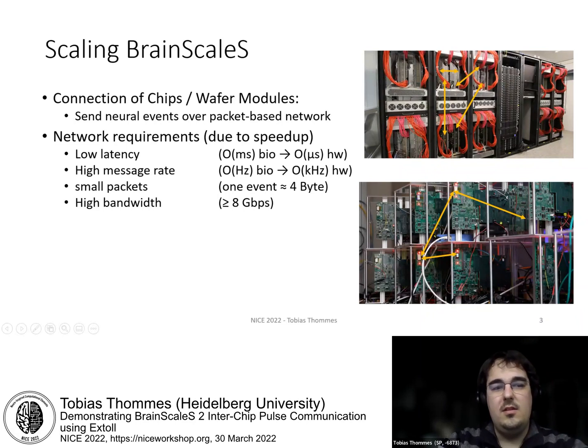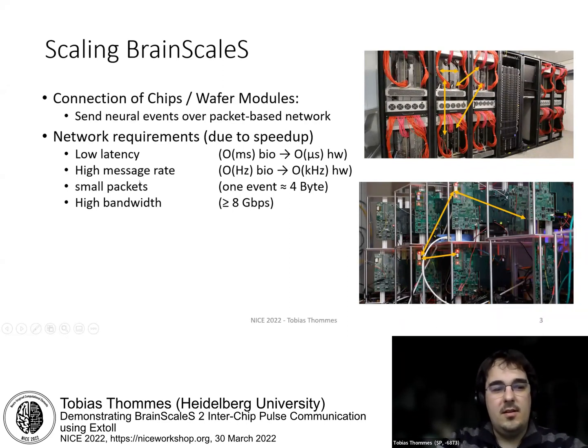speed-up, quite high. So we need low latencies, as biological milliseconds translate to hardware microseconds, and biological spike rates in orders of hertz translate to hardware spike rates in orders of kilohertz.